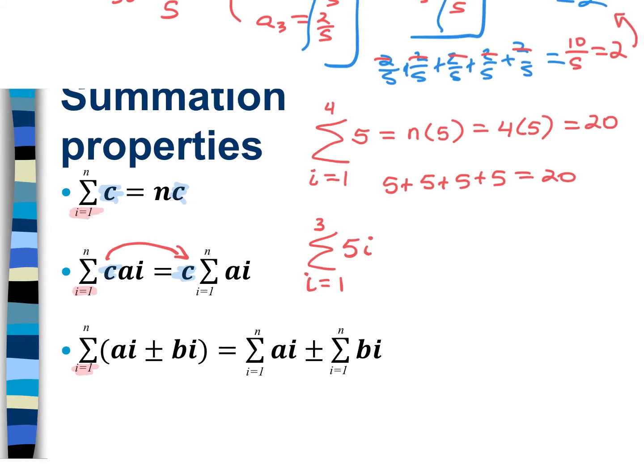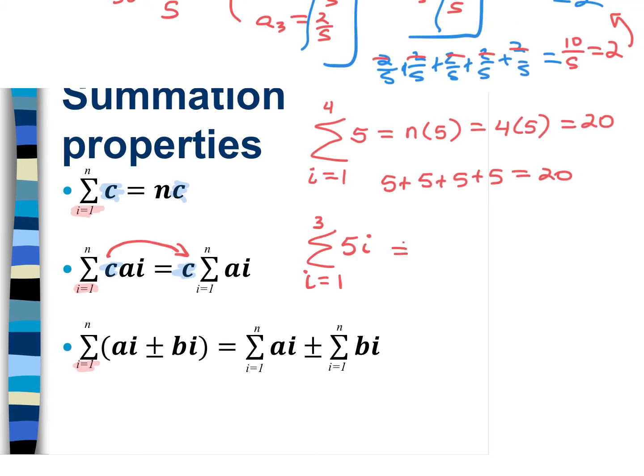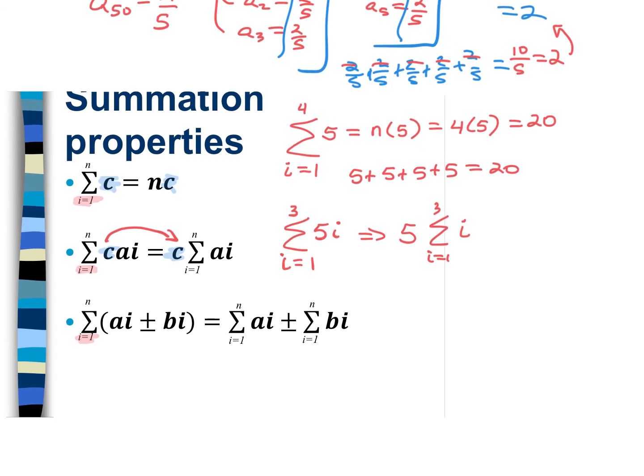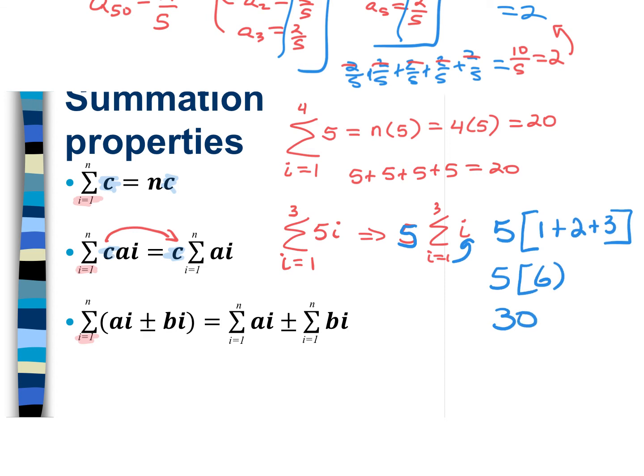So I would pull the 5 to the front, i equals 1, and then put the i, and then I need to take the constant that's out front, and now plug in 1, 2, and 3 for the i, add them, and the sum of that series would be 30.